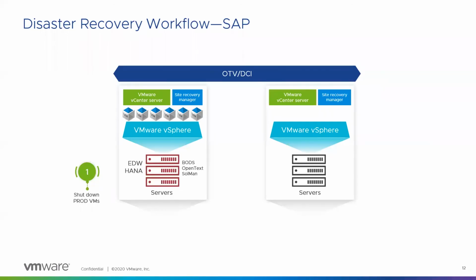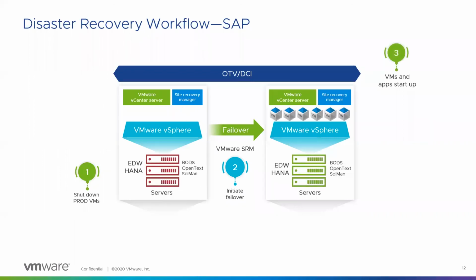And then step number two, you go to SRM and initiate a failover to the DR environment. Once you do that, SRM will orchestrate everything, so the VM and application will come up on the DR side.